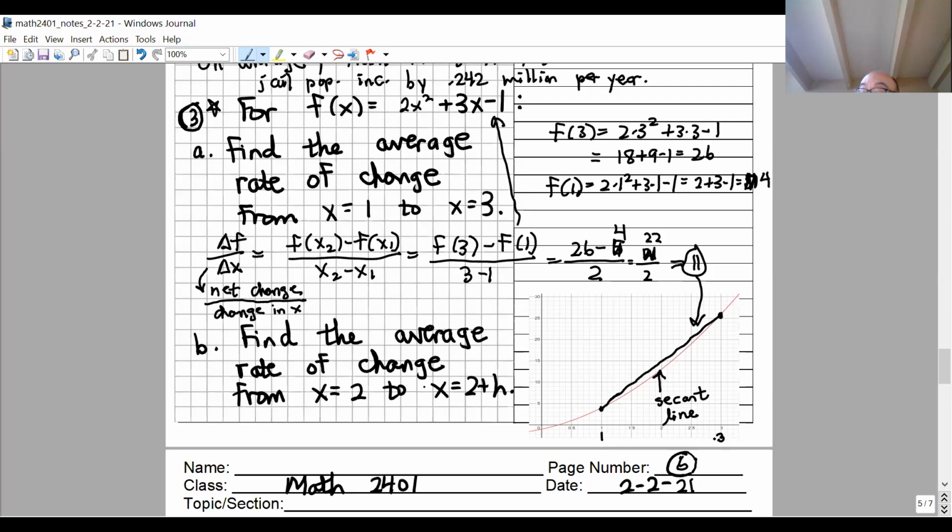See, that's different from a line, because for a line, slope is constant. So slope is always the same between any 2 x values for a line. So when you're interpreting the slope of a line, you don't have to say from x equal some initial value to x equal some terminal value. You can just say, for a line, this is how the y values are changing as x increases by 1.